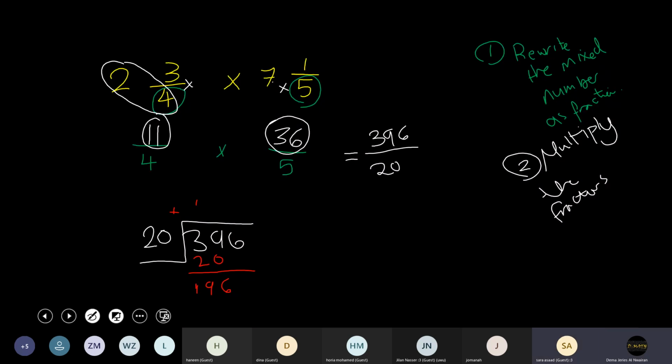So which is better? 9. Good job. 9 times 20 is 180. So then the remainder is 16.